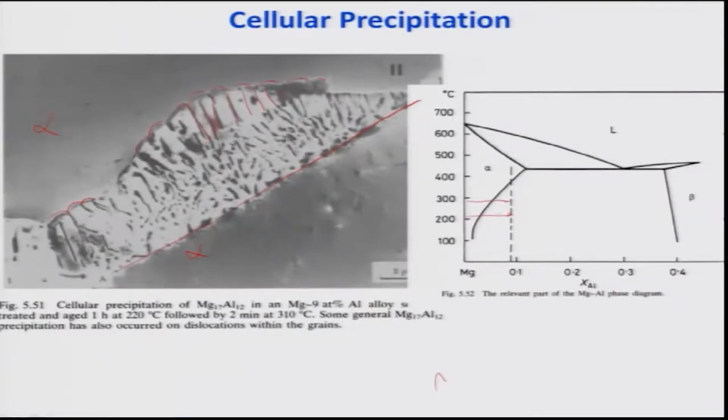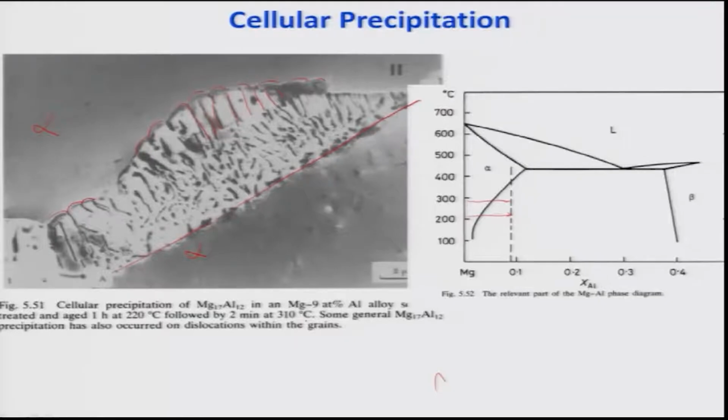This picture I have shown you, and I am showing you again, is taken from a magnesium aluminum system, a magnesium 9 atom percent aluminum alloy, which was aged at about 220 degrees Celsius for 1 hour, followed by 310 degrees Celsius for 2 minutes.